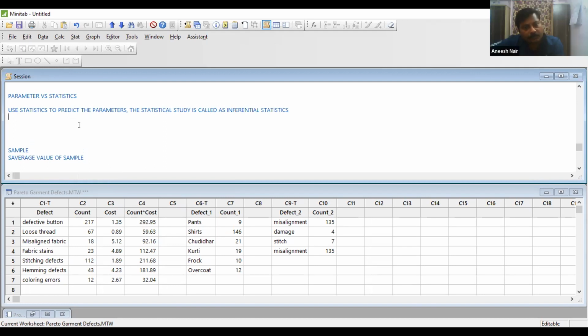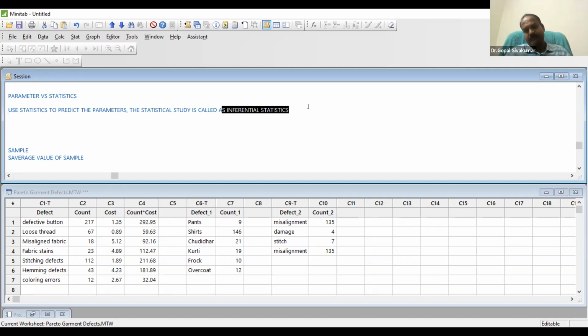Or if you are using this in your business, current role, you are using some statistics and you are trying to take decision on the population. That is why your sample quality is very, very important. Am I right? If your sample quality is bad, then your decision on the population will also go wrong. Hope all of you know. So far, you are with me. Is it clear to all of you?